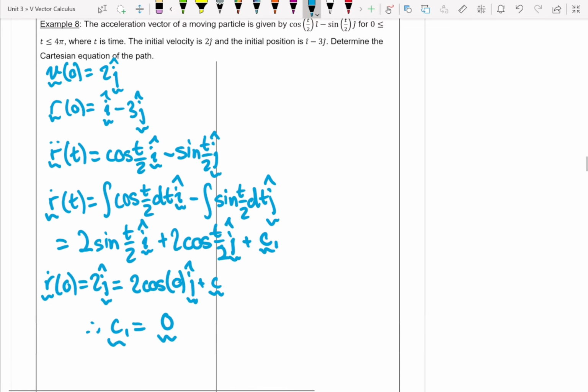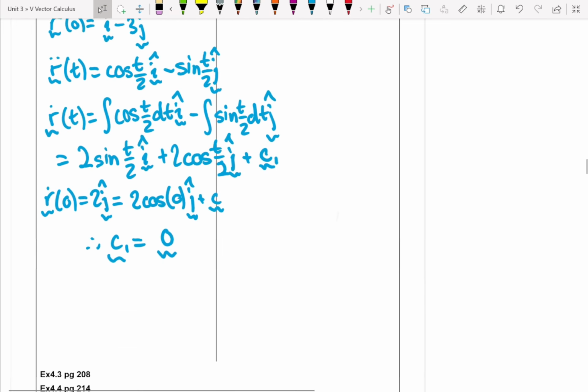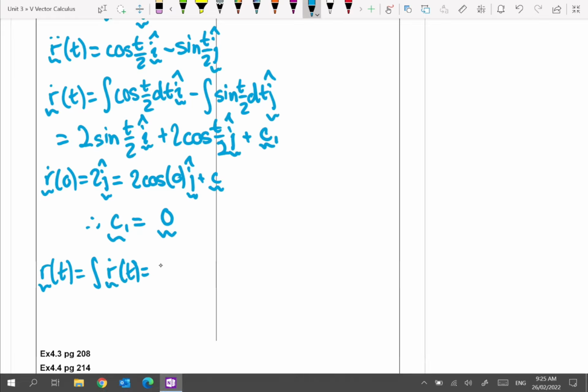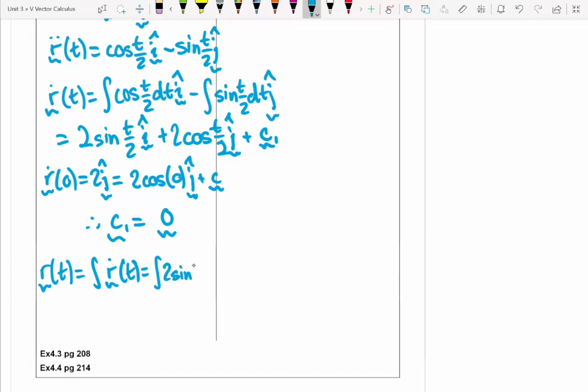Then, moving on to find the position, we have to integrate it again. So r of t is equal to the integral of r dot of t, which means we're integrating 2 sine t on 2 i dt, plus the integral of 2 cosine t on 2 j dt.